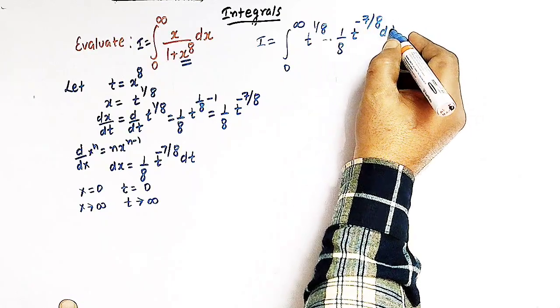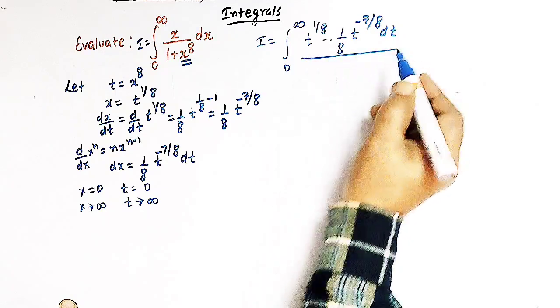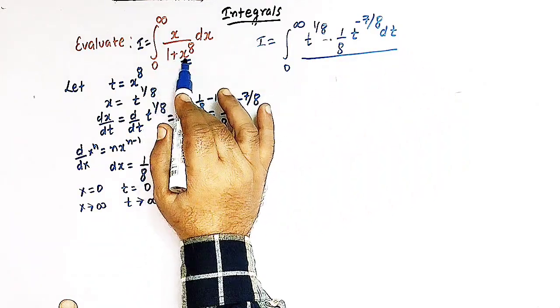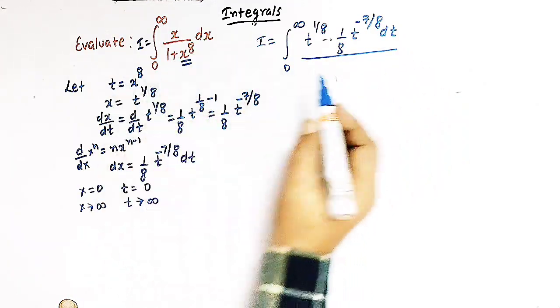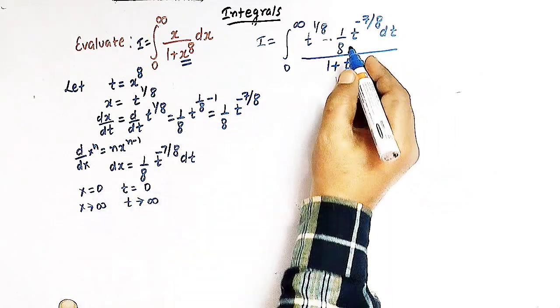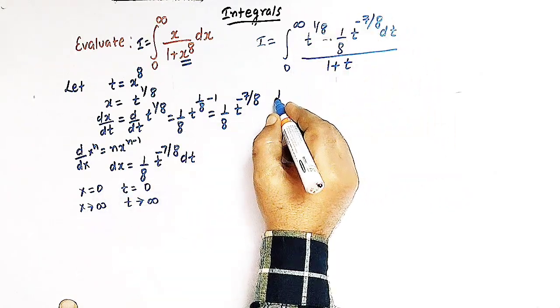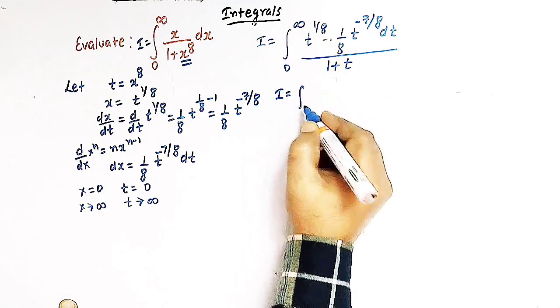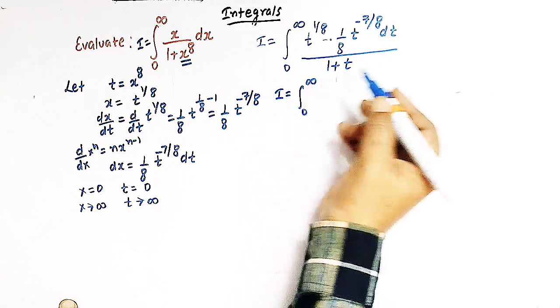And here we have dt, and in the denominator we have 1 plus x raised to 8. So we can now write simply 1 plus t. So now let us rearrange the terms. So we have I equal to 0 to infinity.